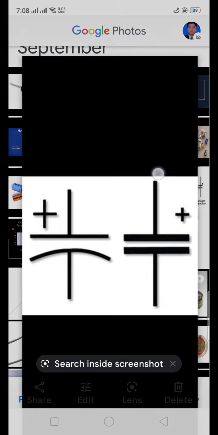And this is the circuit diagram of the capacitor. Sometimes a capacitor is represented this way: a positive sign given with two parallel plates, and these two parallel plates with a positive sign or negative sign are generally known as a non-polarized capacitor.